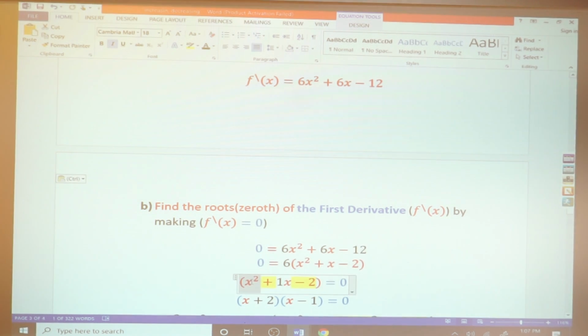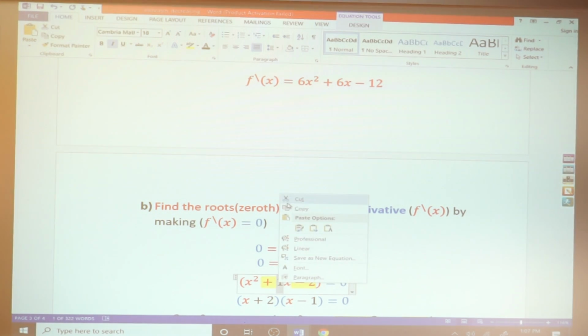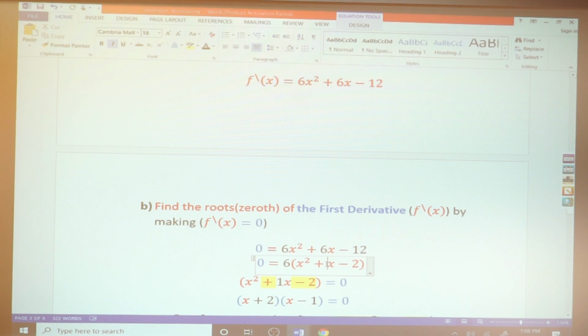Now this, when you factor it, this becomes what? x, not x squared. Exactly. Now remember, if we have no number here, the number is 1. That will help me in factoring. I need 2 numbers that multiply to negative 2 and add up to plus 1.